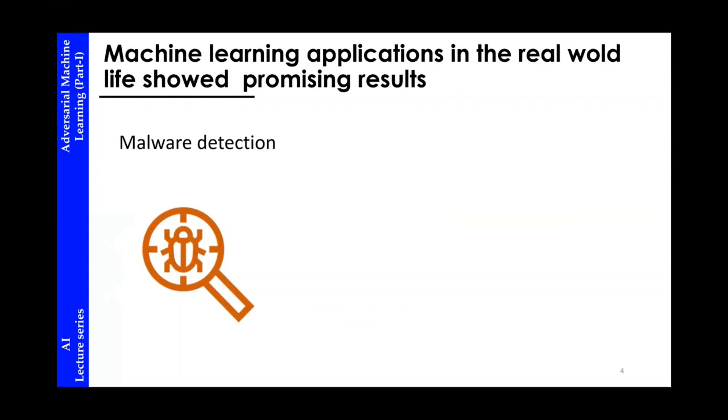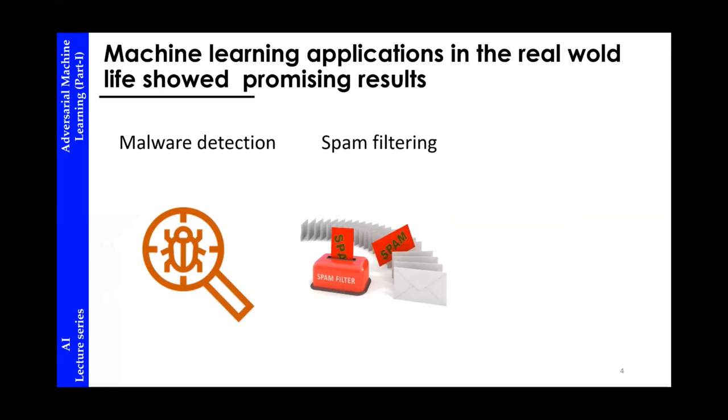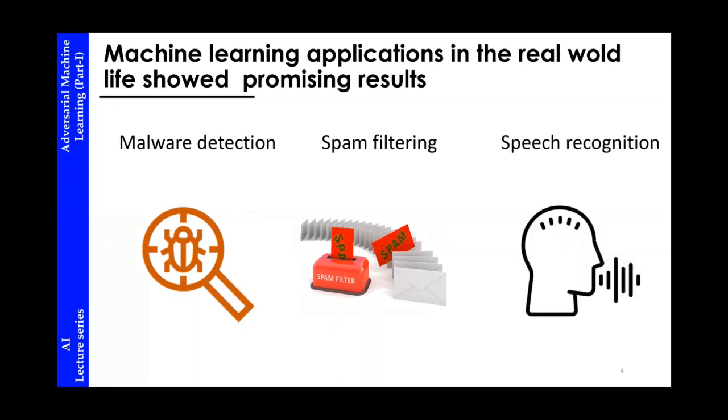Another important example is the detection of malware using artificial intelligence systems, which is extensively used by antivirus applications, and spam filtering tools, which are extensively used to remove spam from the email box, and also speech recognition that lets us talk with our computers and mobile phones.